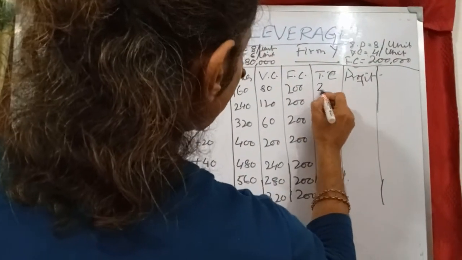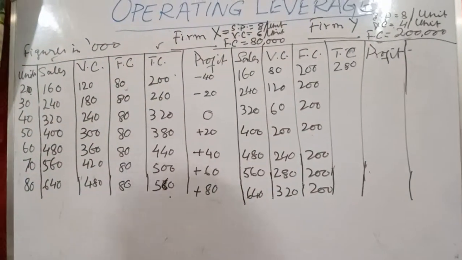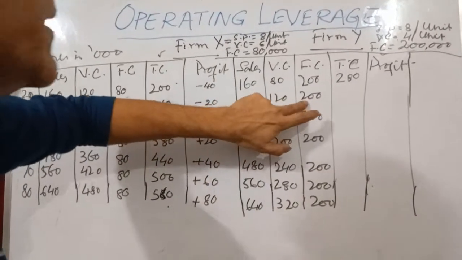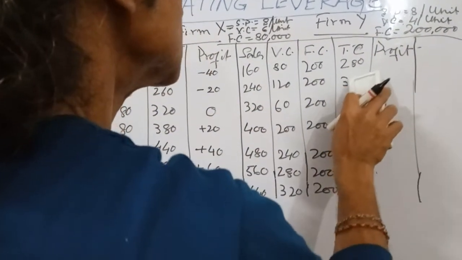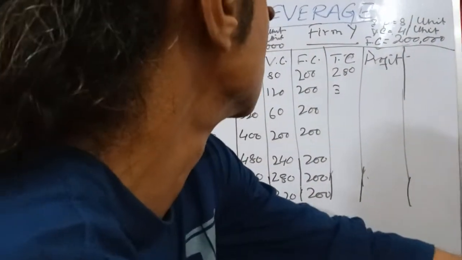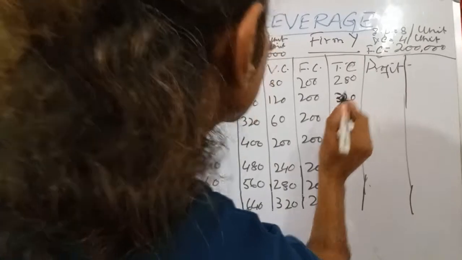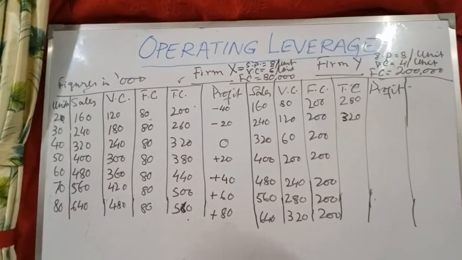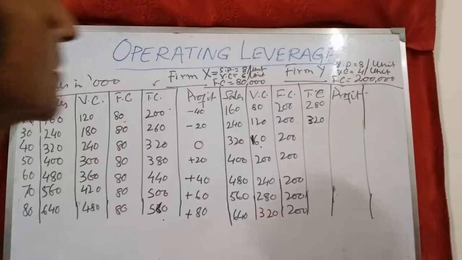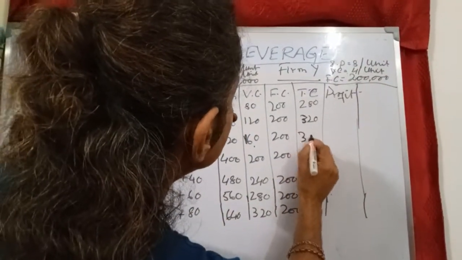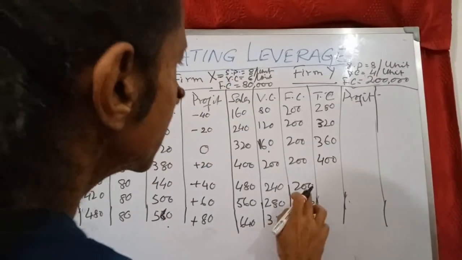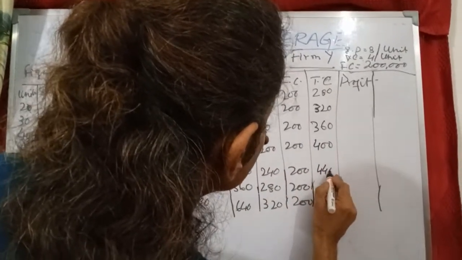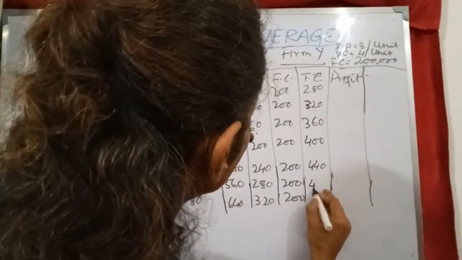80 plus 200, that is 280. 120 plus 200, that is 320. 160 plus 200, this will be 360. 200 plus 200, so 400. 200 plus 240, 440. 200 plus 280, that is 480.